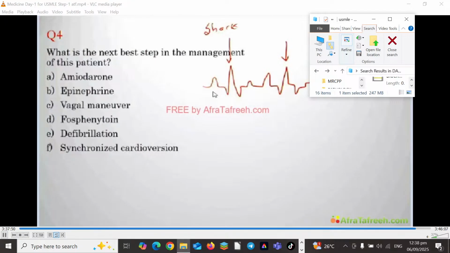That is when it shocks. And when it is synchronized with your R wave, it is called synchronized cardioversion.